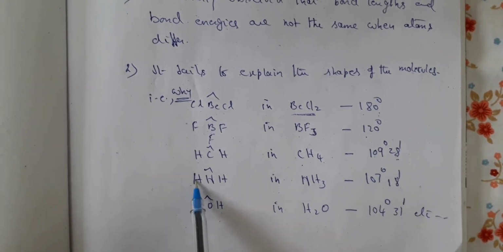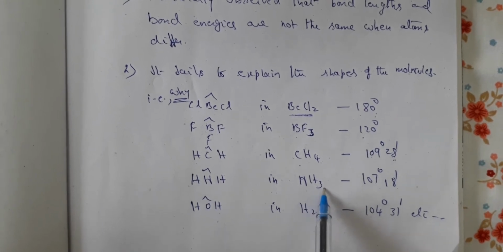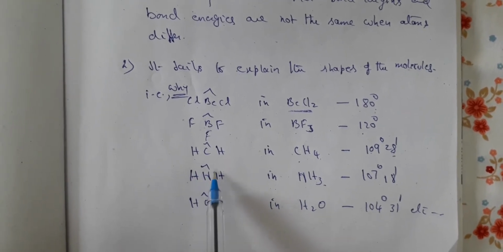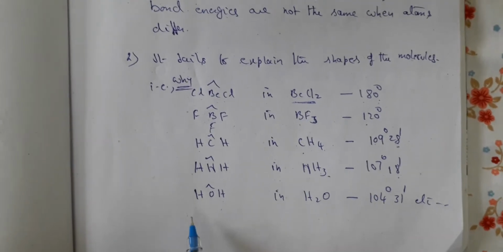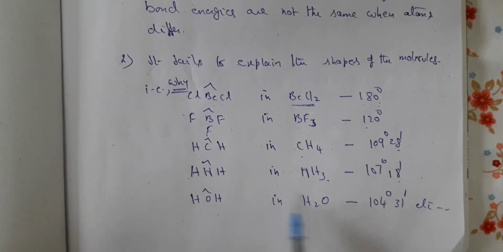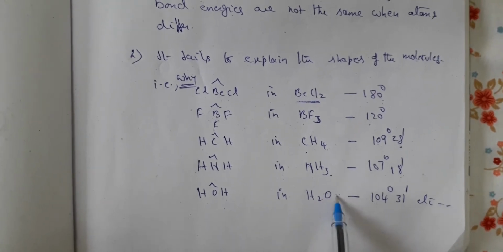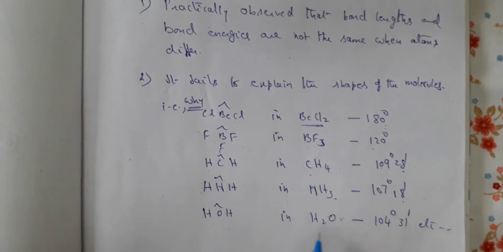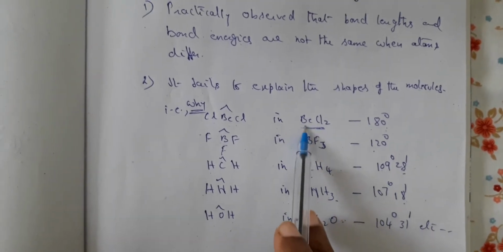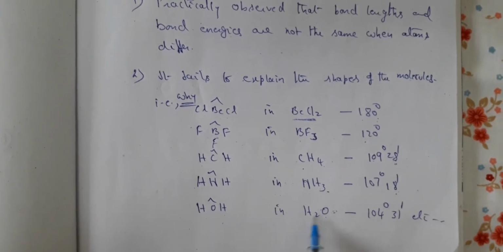Similarly, suppose the hydrogen-nitrogen covalent bond. In case of NH3, the angle between the bonds is 107 degrees 18 minutes. And why is it that in H2O, where there are two hydrogens on either side of oxygen, it should be 180 degrees if we compare with beryllium chloride, because there you have Be and Cl on either side and here oxygen and hydrogen on either side.